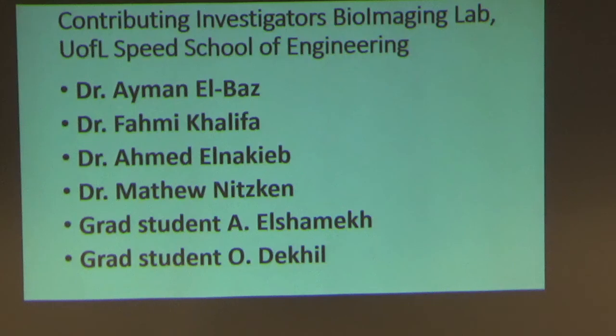So that, in a nutshell, hopefully gives you enough to stimulate thought and probably even some discussion in terms of the types of things that we are talking about doing, and hopefully some of this would stimulate your interest to speak some more to Dr. El-Baz and some of his students about what they're doing. But again, these are some of the folks: Dr. Khalifa, Dr. Nitskin, who graduated with their PhD some years ago, and then some newer folks from Dr. El-Baz's lab that we're working on with some of these techniques.